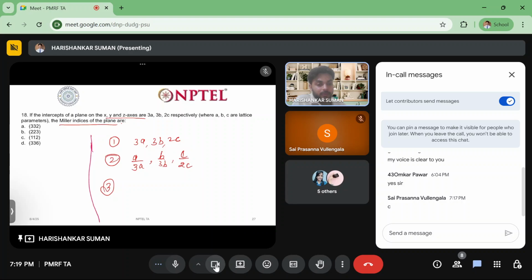And third step, convert into the smallest integers.